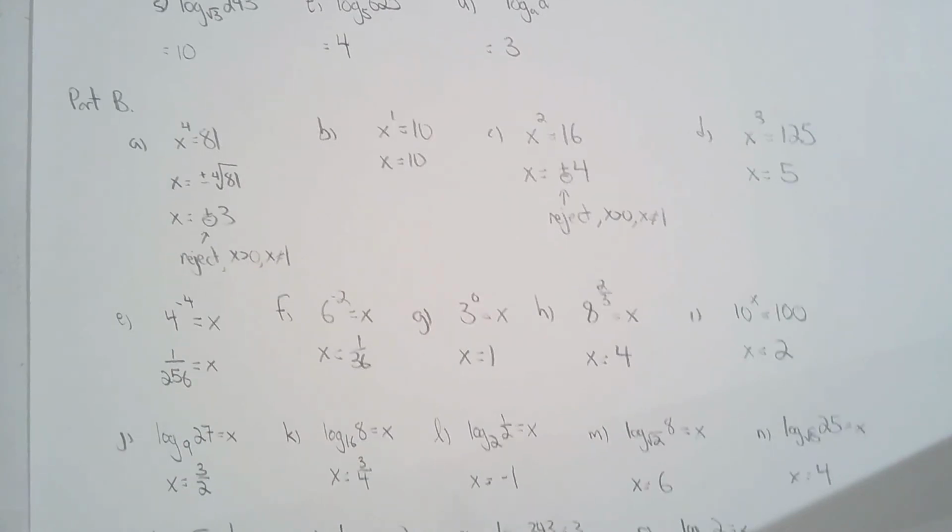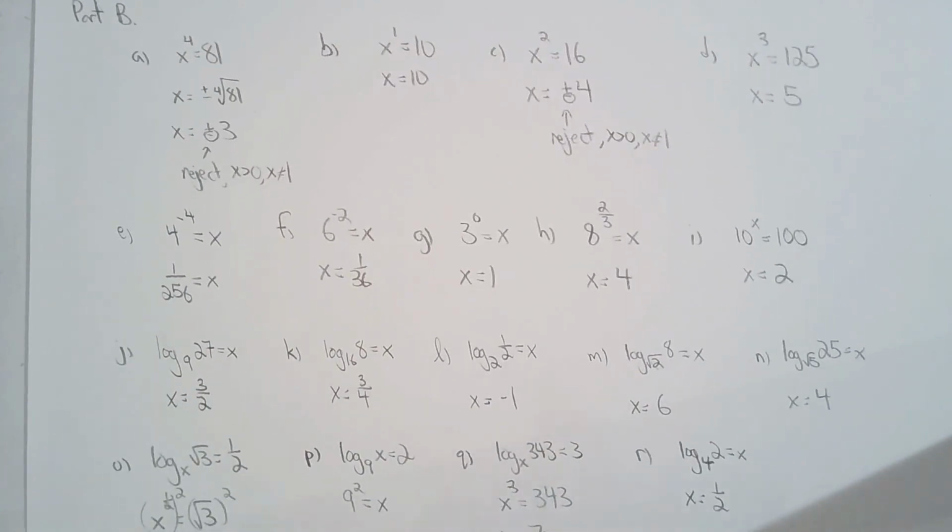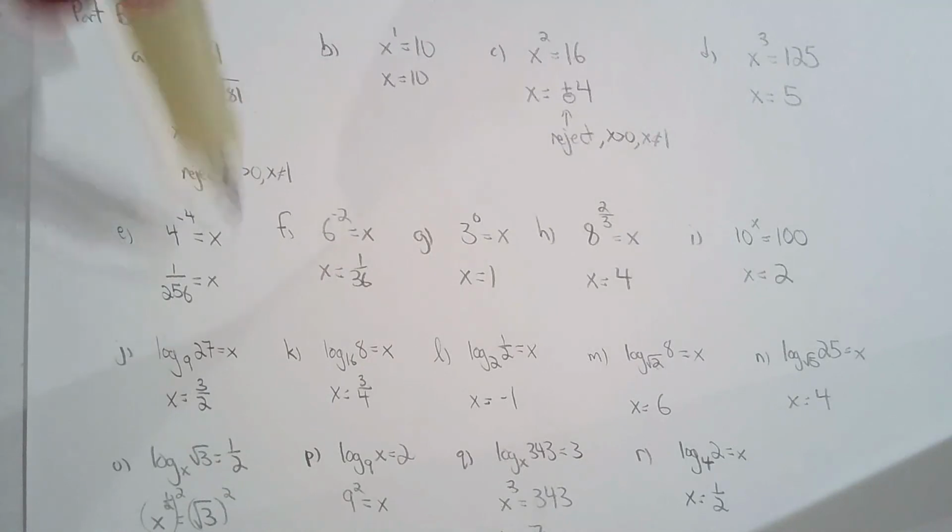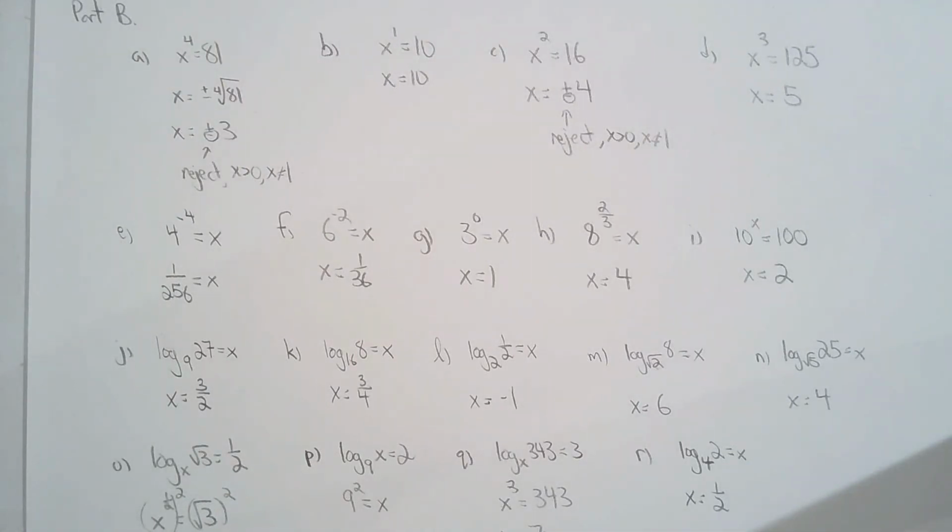Basically, a lot of the time, I change it to exponential form, and then I just did the correct operation to solve for x. For J, K, and L, these were just like part A questions. I'm just evaluating the logarithm. Oh, J, K, L, M, and N. Yep, I'm just evaluating the logarithm, nothing fancy.